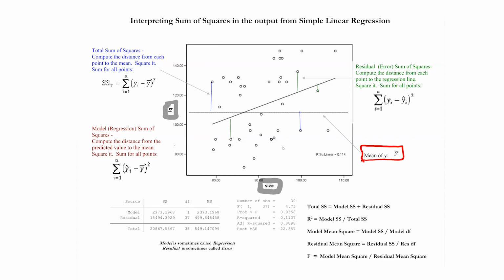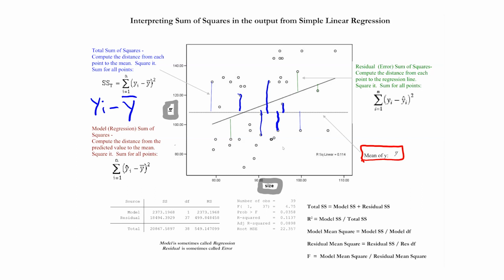I want to pull out a blue pen, and I want you to imagine that you had to connect each point here to the mean of y. I take each point and connect it to the mean of y. In other words, I take each individual point and see how far away it is from the middle.